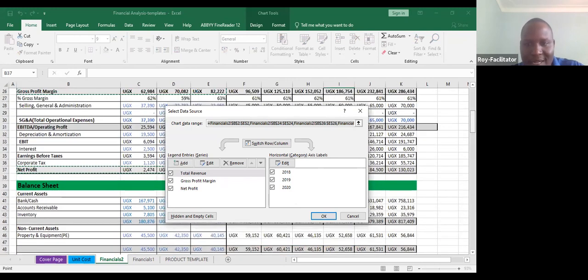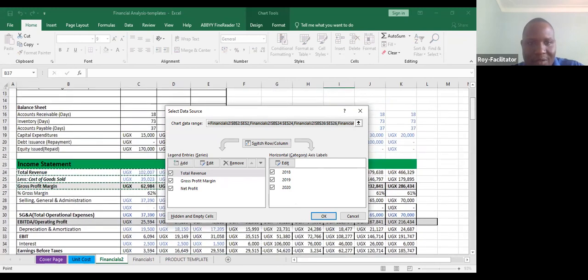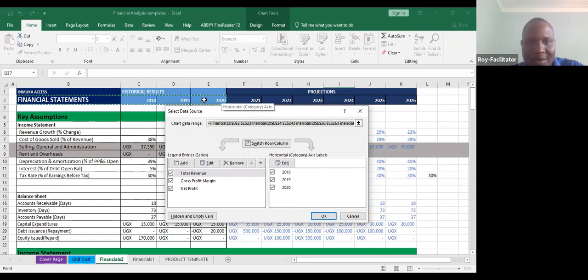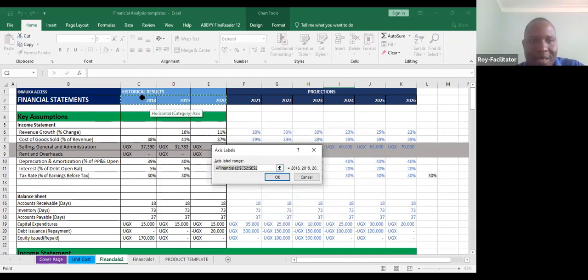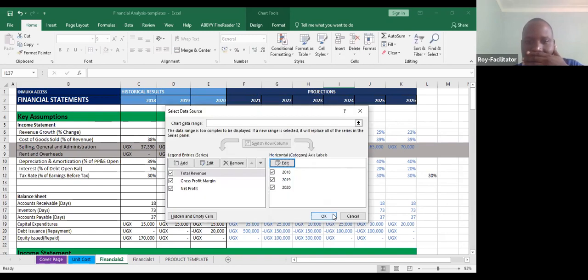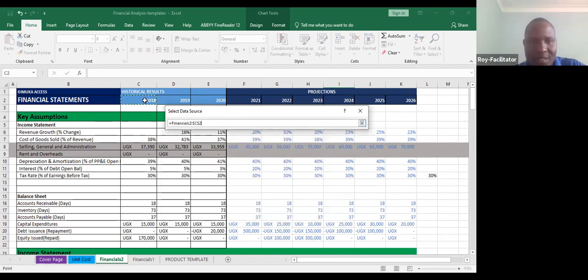Where is the data? Yeah, it was picking from this, but now I want to pick more. Where is the data one now? I will say edit and then pick, extend the data. Say okay. Has it picked? I'm not seeing the range. Data range. Let me see. Let me try again.